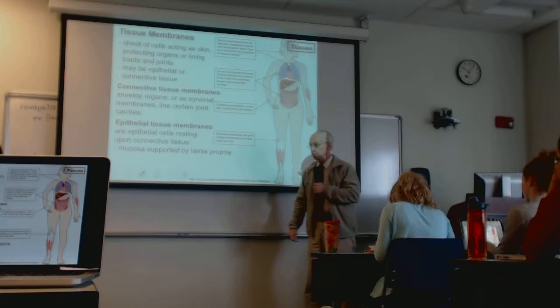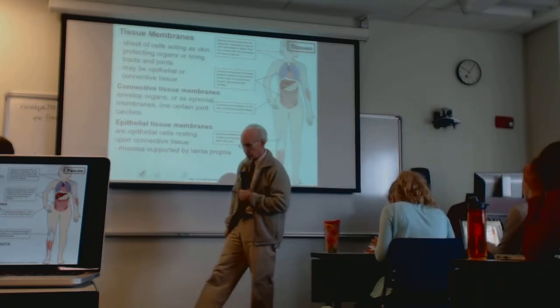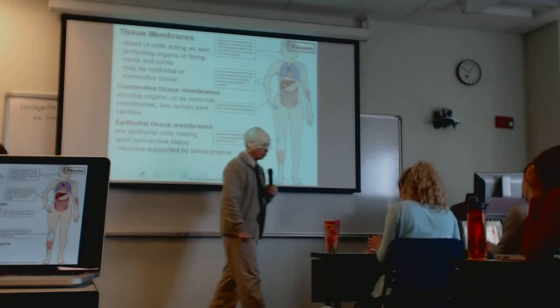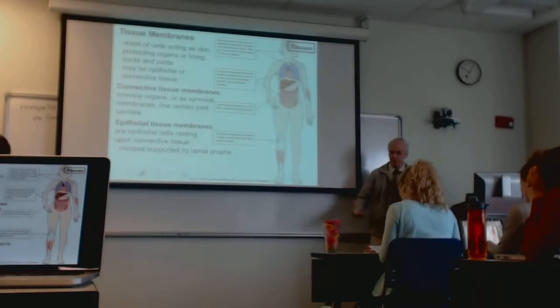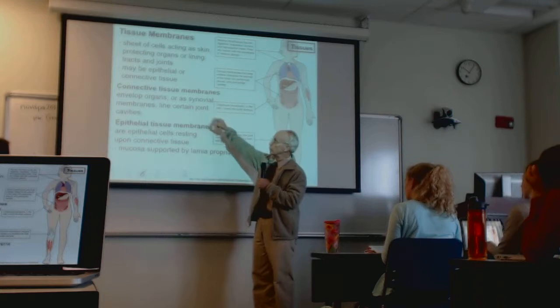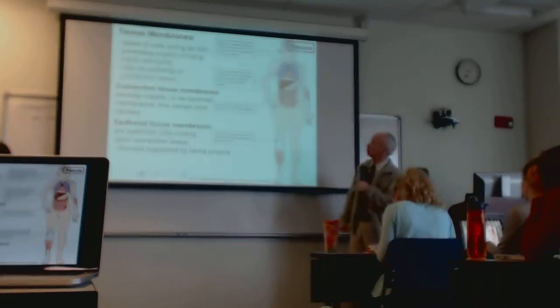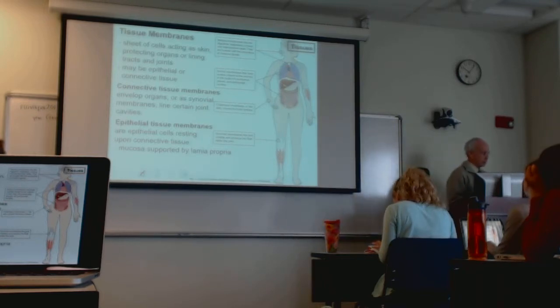And these connective tissue membranes can perform a variety of functions, everything from surrounding organs to providing the serosa and connective tissues that bind, for example, the GI tract or the respiratory tract to the surrounding thoracic or abdominal wall.